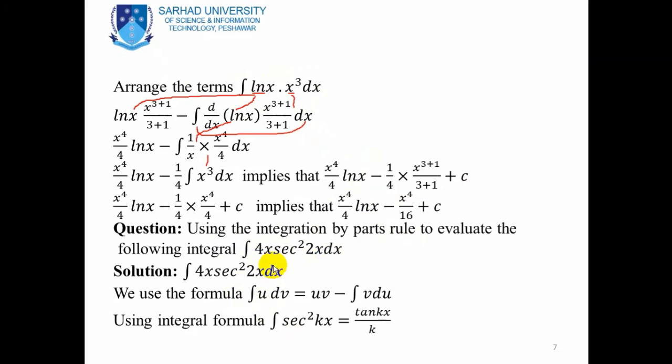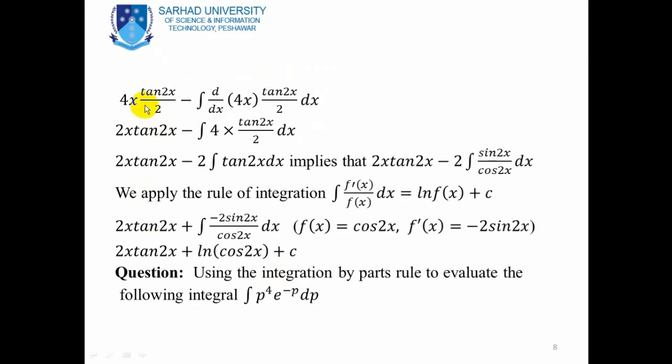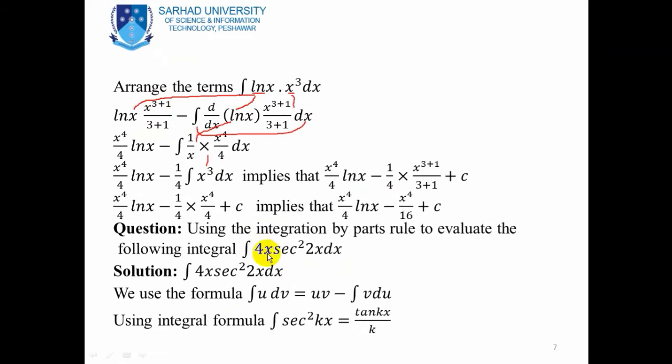Write the first function 4x as it is, and the integration of secant square kx is equal to tangent kx divided by k, because the derivative of tangent kx is equal to k into secant square kx. So the integration of secant square kx is equal to tangent kx divided by k. Now 4x is the first function.